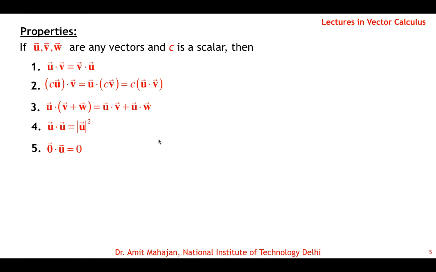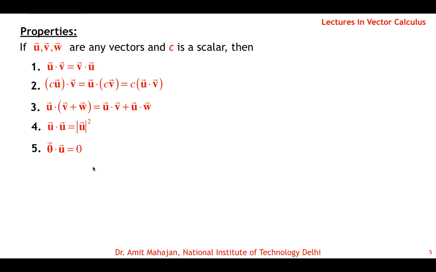Fourth, the dot product of a vector with itself is its length squared, so u dot u is magnitude u squared. And the dot product of any vector with the zero vector is a zero scalar. Clearly zero is a vector, but here on the right hand side it's a scalar, because the dot product is a scalar quantity.